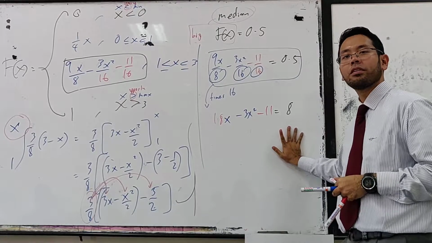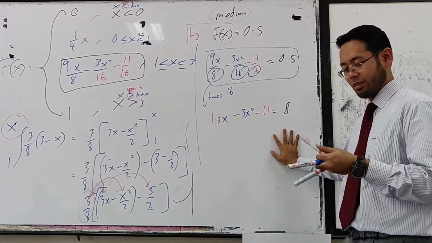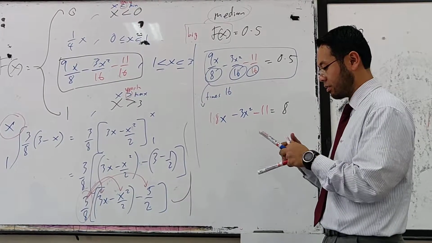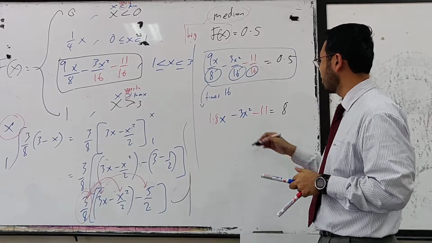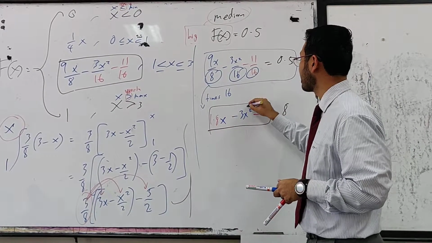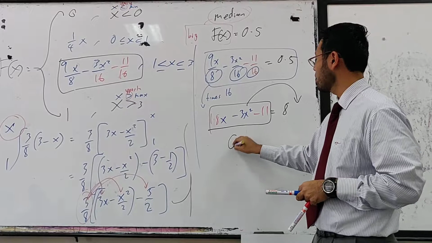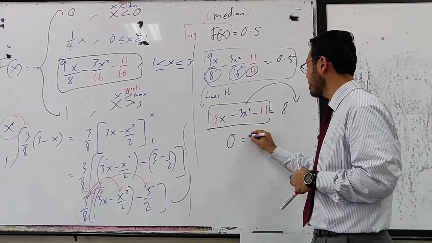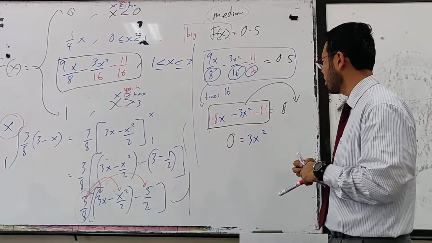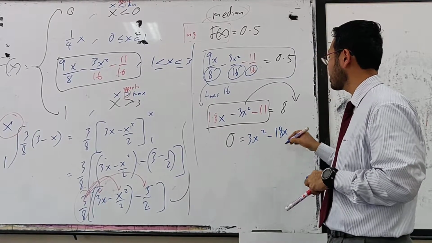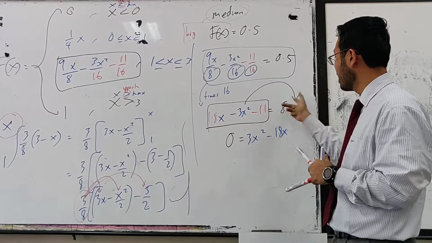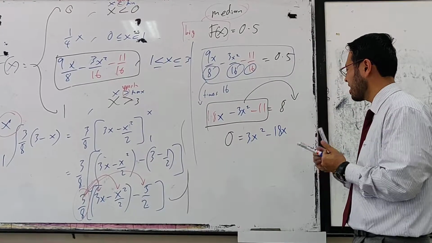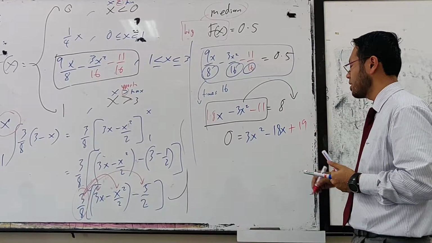How do we solve this one? It's a normal quadratic. I recommend you move this whole thing to the right side first. So 3x squared minus 18x plus 11 plus 8, that's 19.